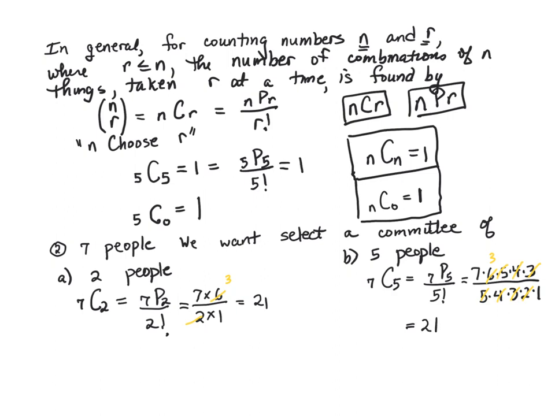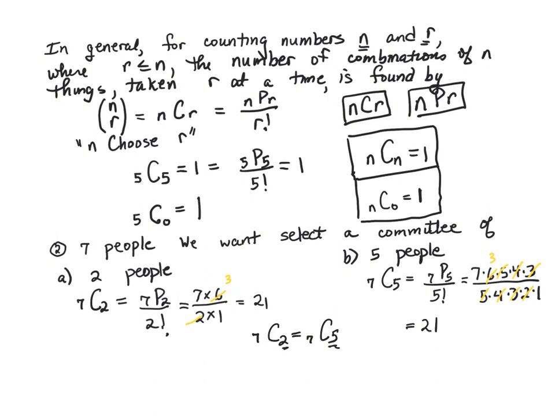So we see something very interesting. We see that 7C2 has the same value as 7 choose 5. In other words, starting with a group of 7 people, the number of sets of 2 people that can be selected is equal to the number of sets of 5 people that can be not selected. Okay, so I think that kind of makes sense.